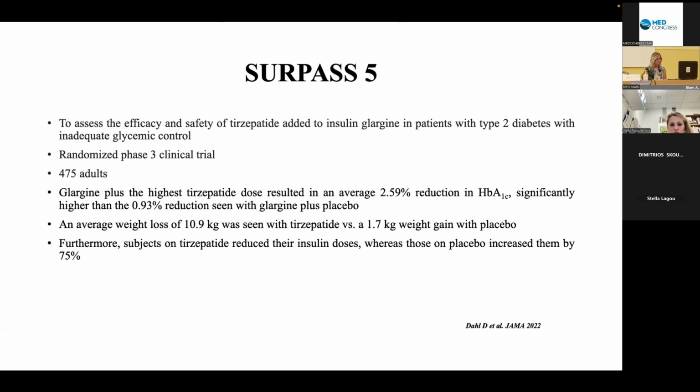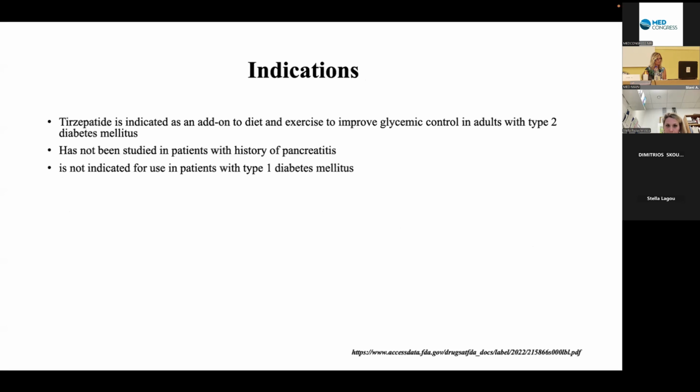An average weight loss of 11 kilos was seen with tirzepatide versus 1.7 kilos weight gain with placebo. Furthermore, subjects on tirzepatide reduced their insulin doses, whereas those on placebo increased them by 75%.